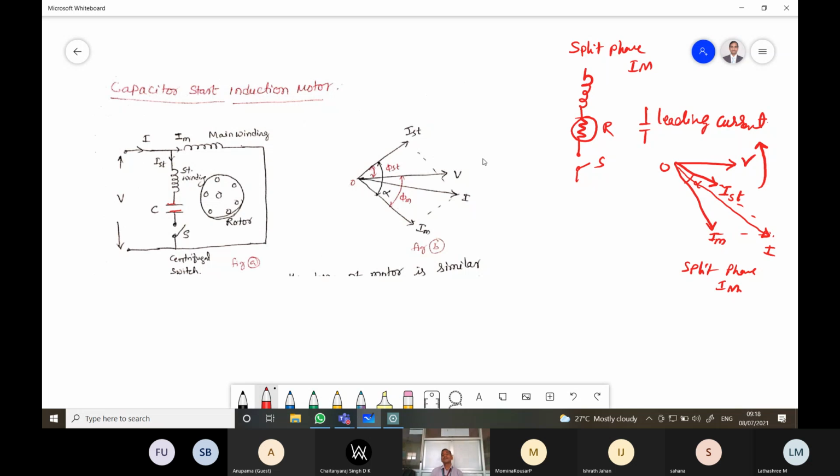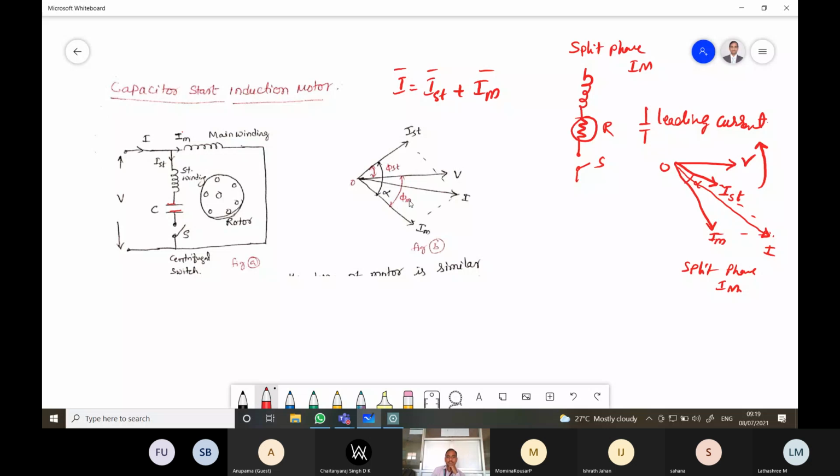Okay, the remaining vectors are the same, that is Im. Because the total current I is the vector sum of Ist and Im, I is equal to Ist plus Im. In this case also Im is a pure reactance, meaning it consists mostly of reactance. Due to that, Im lags behind the voltage by an angle phi m.